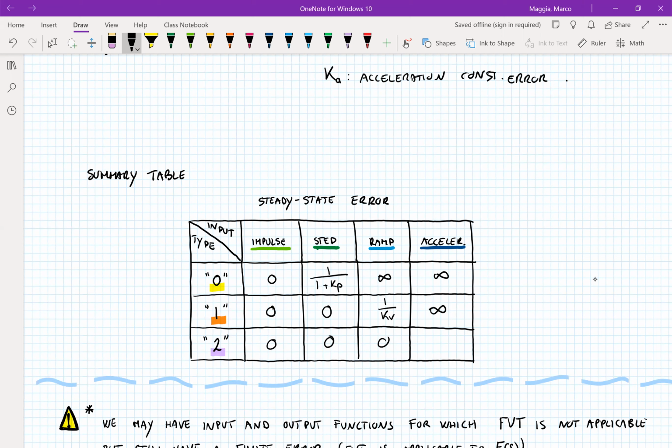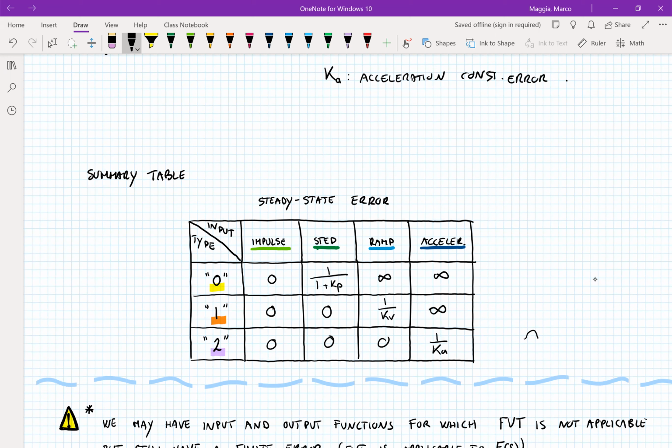So if you think about the car in the previous example, for impulse, step, and ramp inputs, the car behind can catch up with the car in front eventually. But if the car in front has an acceleration input, so an acceleration that is constant, not the velocity that is constant, the car behind, which can be represented as a type 2, will have a steady state error of 1/Ka.